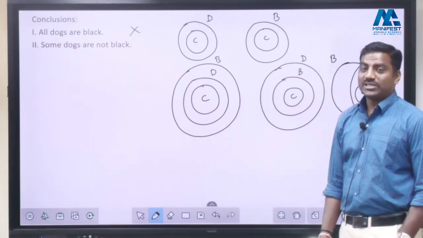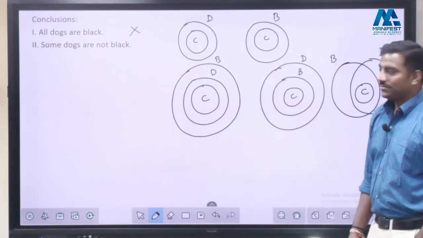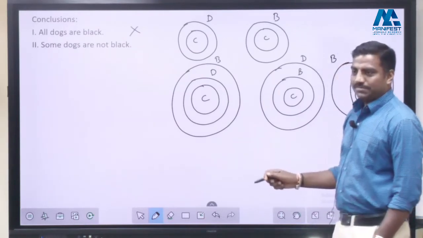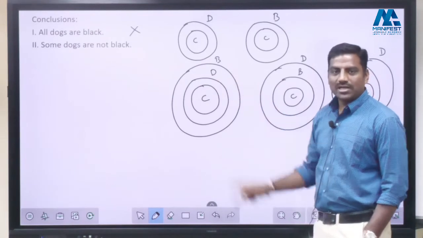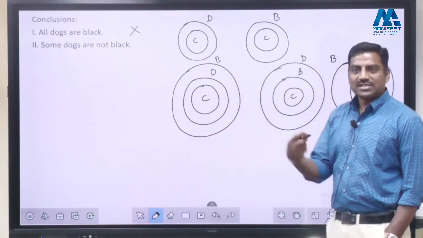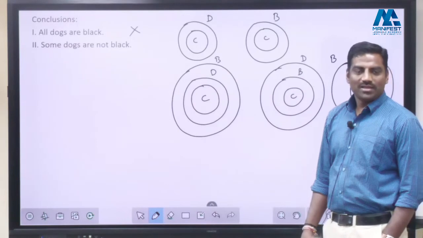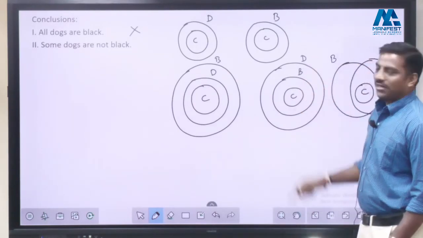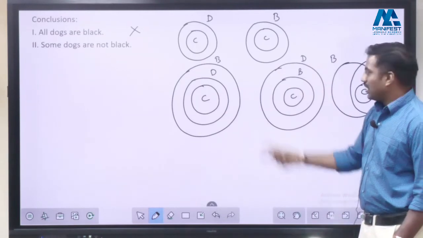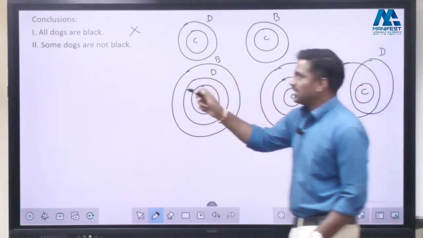This is a very special statement. What about this? All dogs are black, no? Our conclusion is already defeated. Here, yes, some dogs are not black. Fine. But here, in one diagram, our conclusion is defeated.